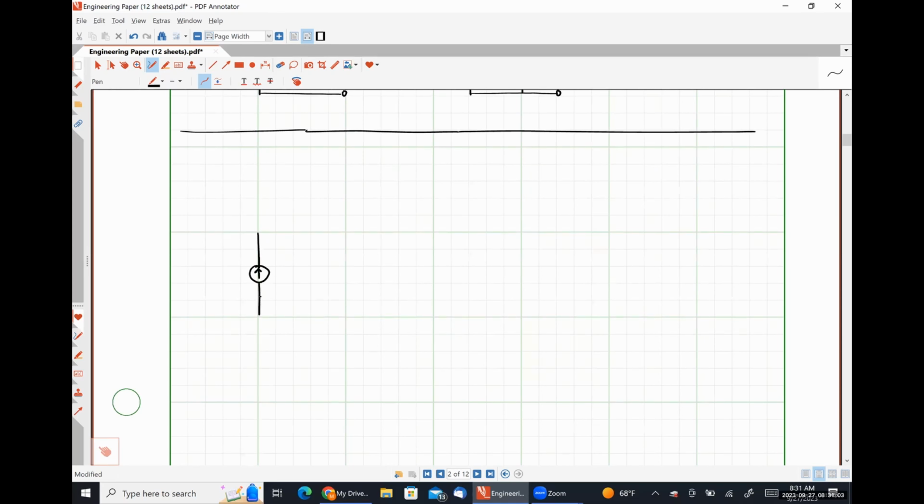So let's say that I have a 5 amp source in parallel with a 3 ohm resistor like so. I'm going to put a 4 ohm resistor here. Seven ohm resistor here.